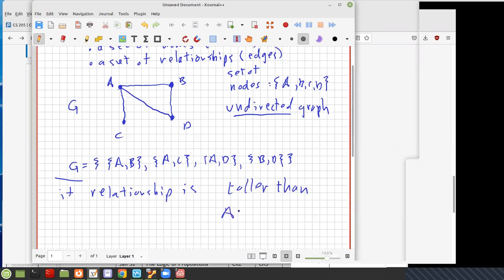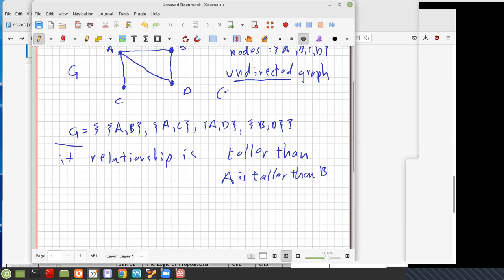So if A and B are people or pieces of wood, or I guess buildings, say. If A is taller than B, then A is related to B, but B is not related to A. If A has met B, then B has met A. So that's symmetric. So undirected graphs have to do with symmetric relationships.